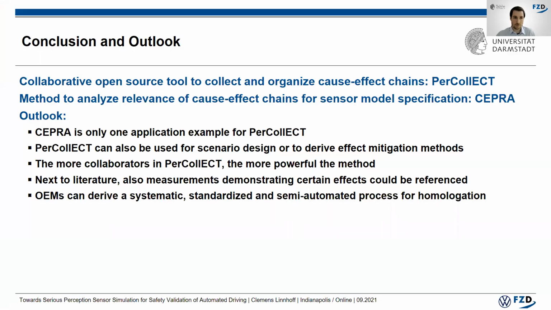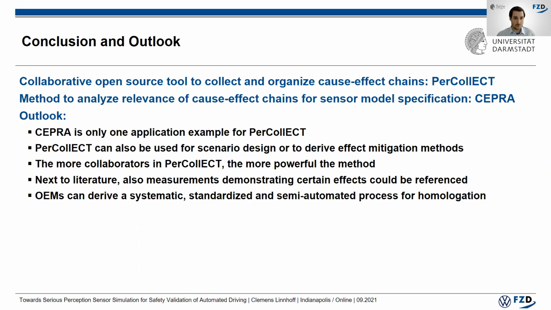So in conclusion, we built a collaborative open source tool to collect and organize cause and effect chains, and we call it PerCollECT. Secondly, we introduced a method to analyze the relevance of cause and effect chains for the sensor model specification, and we call it Zebra. And as an outlook, Zebra is only one application example for PerCollECT.